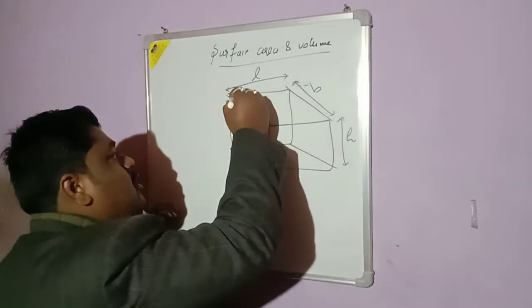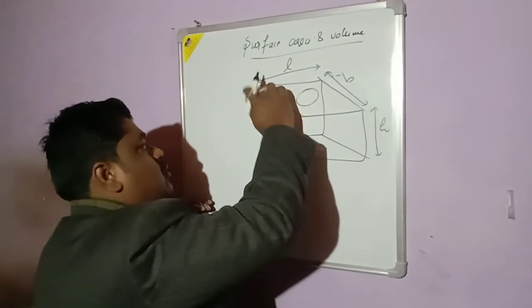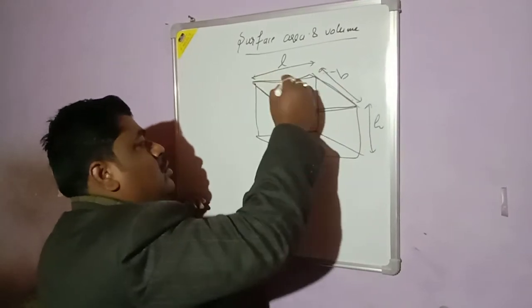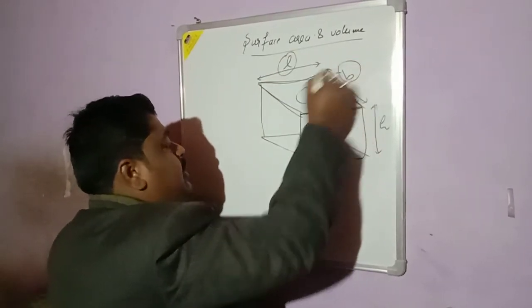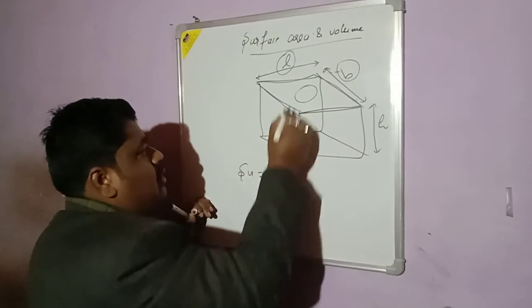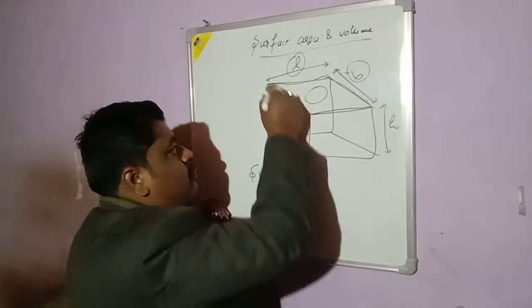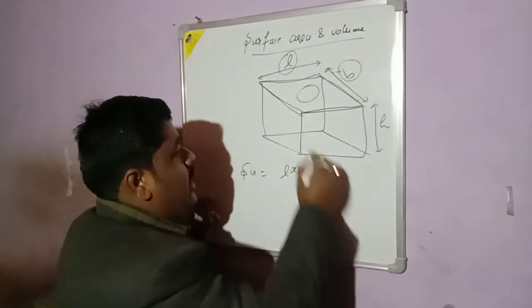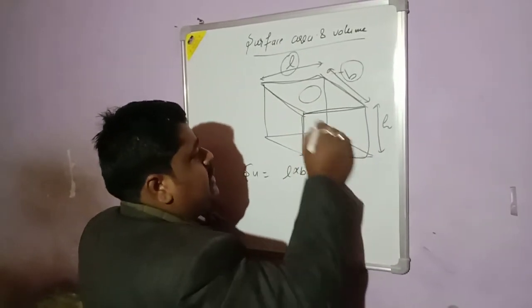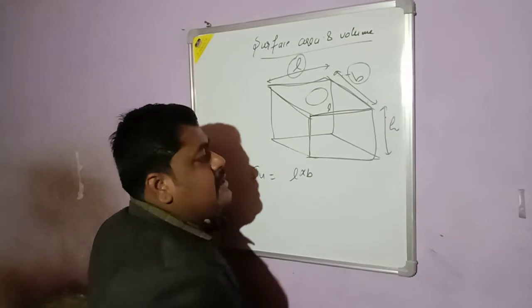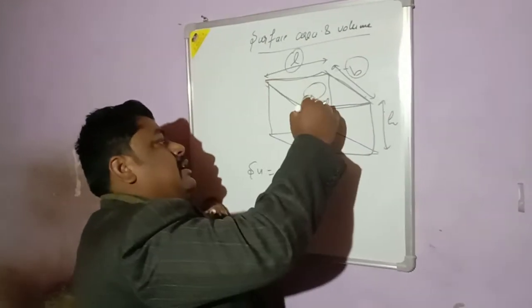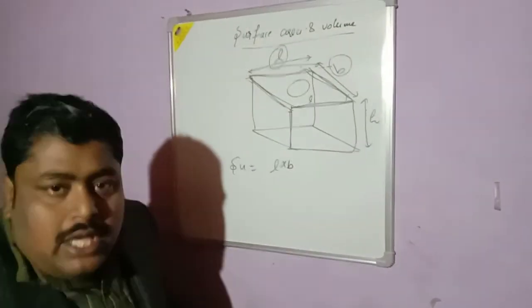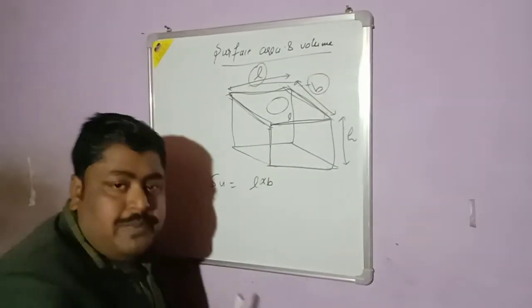First of all, this face is given just like that. Here length and breadth are given, so the area of this is length into breadth. Understood? And now this is length and this is height. Just like this face, we also have the bottom face.